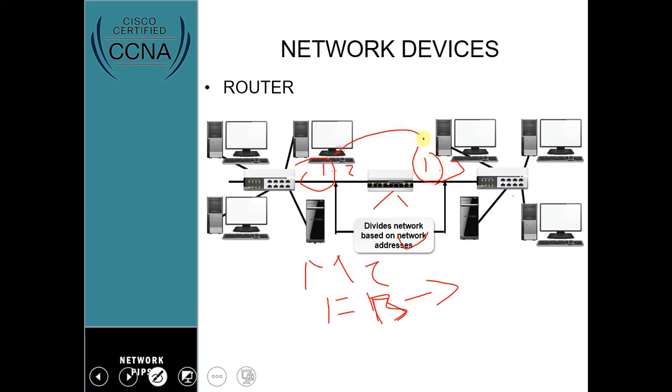Two router interfaces cannot have the same ID at the same time. It does not accept that address, so you have to change it to some other network for you to accept it. So that's what a router is, and that's how it works.